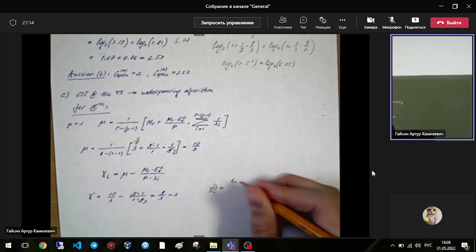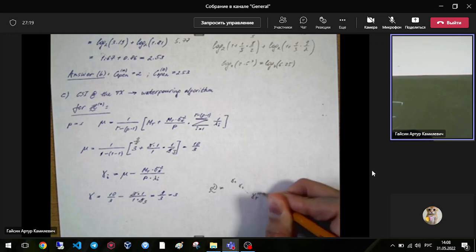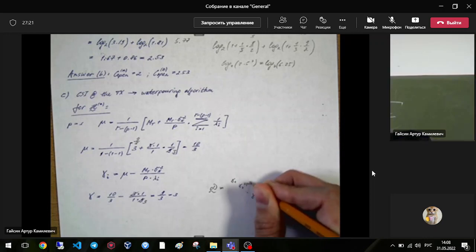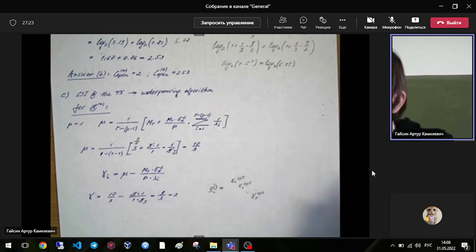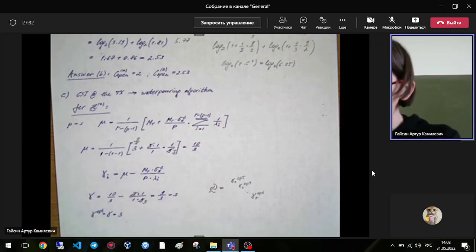So omega 1, omega 2, etc., omega r, and of course it is optimal. And we can say also in this case that this omega optimum is equal to this omega and equal to 3, of course.